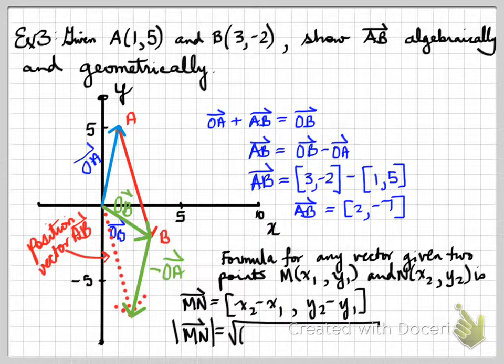The magnitude of such, funny enough, will look like something you've seen before. And that's right, folks, this here is the distance formula. So the length of any vector doesn't have to be a position vector necessarily. If I know the actual components of it, it will always equal this because of the distance formula that we learned back in grade 9.